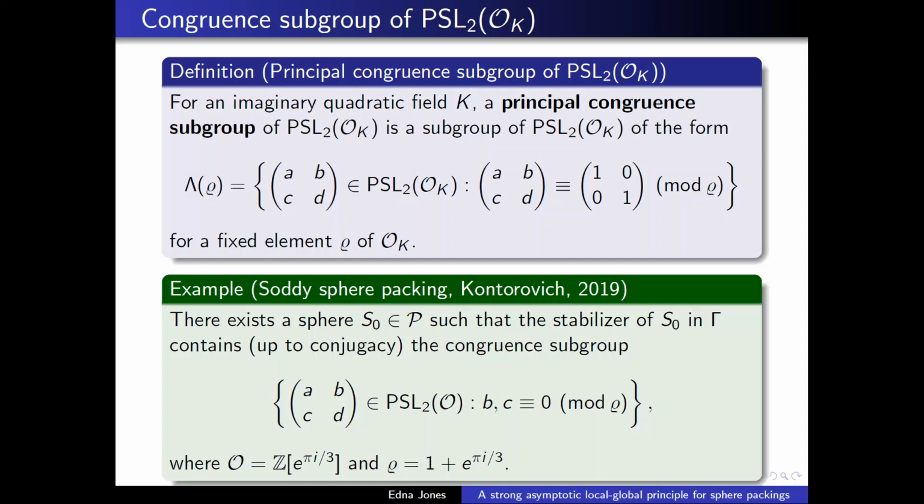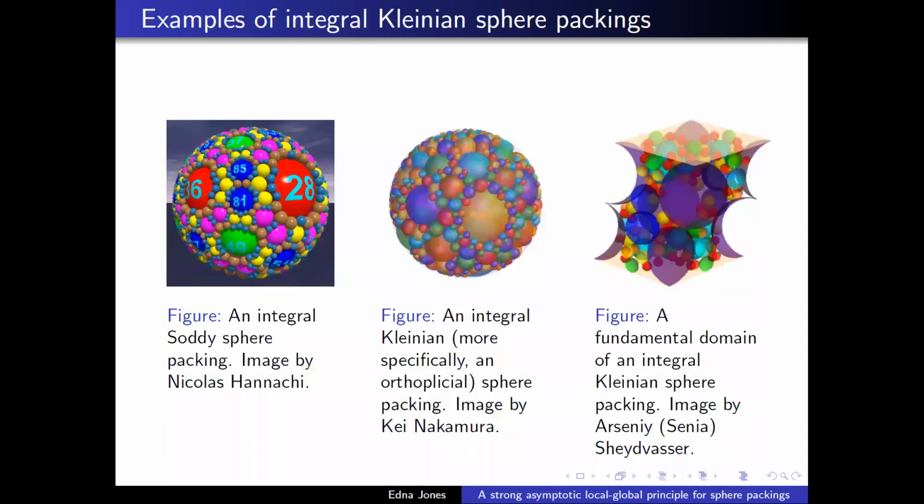Any questions before I start talking about general Kleinian sphere packings? So, as I said, a Soddy sphere packing is a specific example of a Kleinian sphere packing.